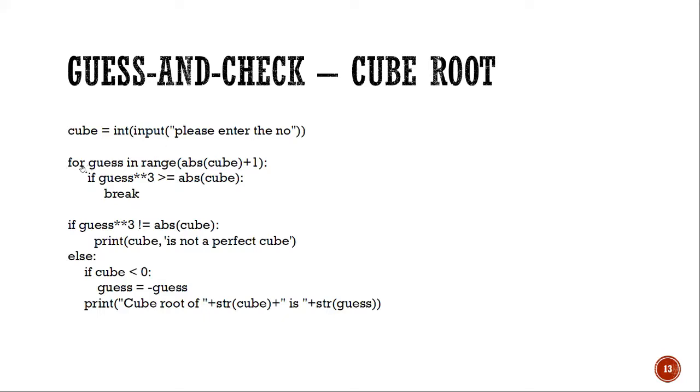Then we would have predefined the value for guess, and say for guess in the range of absolute of cube plus 1, if the guess raised to the power 3 is greater than the absolute of the cube, we break. This is because, mathematically speaking, if the guess cubed is larger than the number, then the guess is too large.